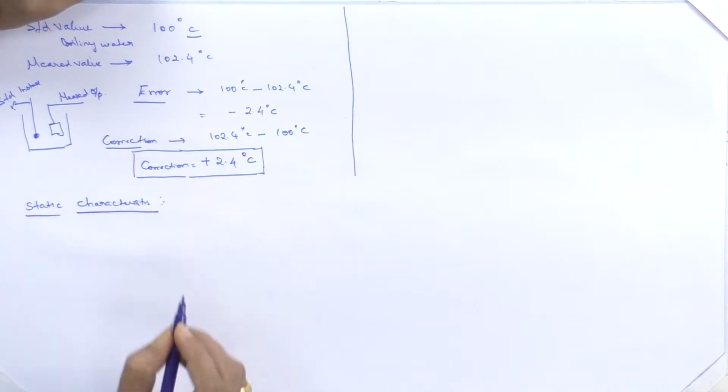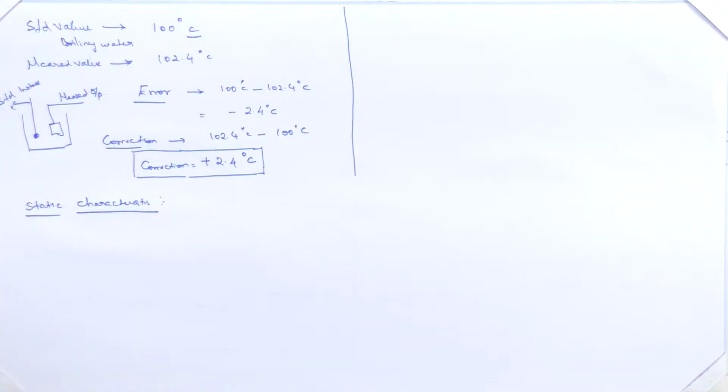For any system, we will just have an introduction to our sensors on a systematic basis. In any process or system, the characteristics are divided into static characteristics and dynamic characteristics.